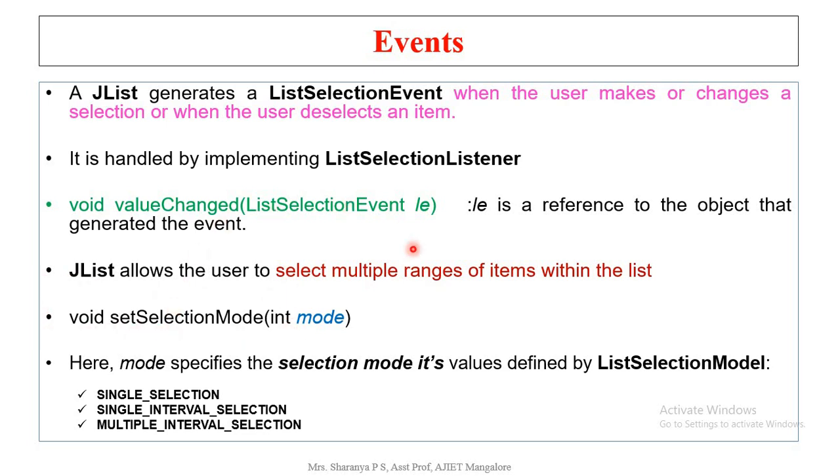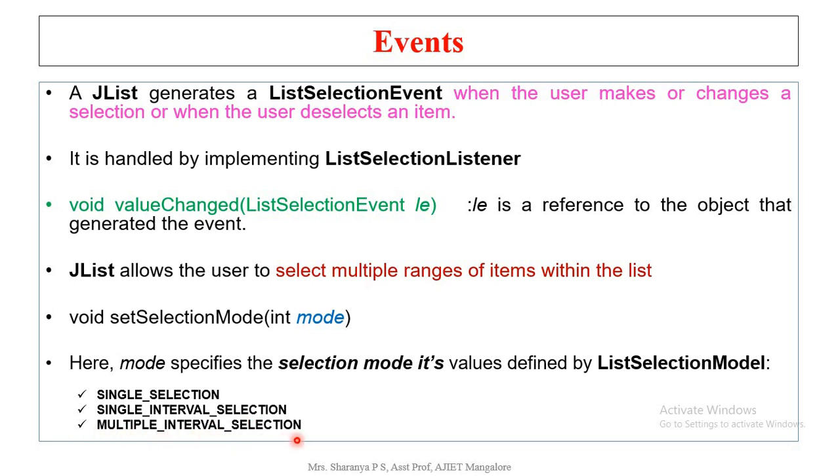That is how the user is able to select the list items. The mode we pass as a parameter to setSelectionMode has three different values: first, single selection; second, single interval selection; third, multiple interval selection.